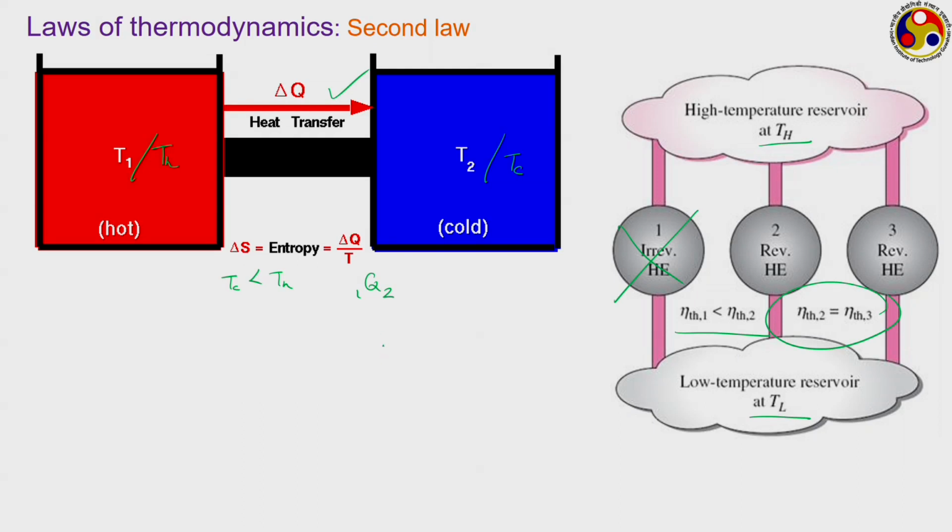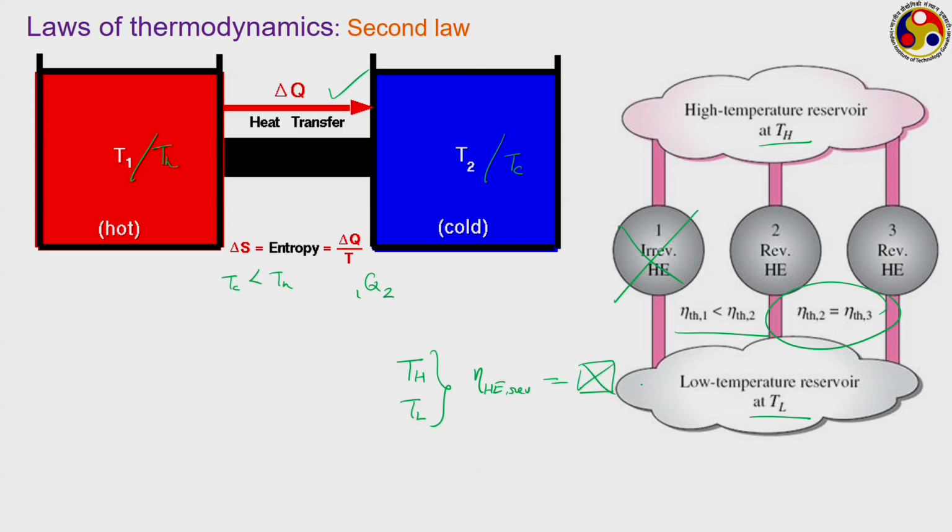Now, what does that suggest? Here we are saying that once we are given these two temperatures Th and Tl, the temperatures of the two reservoirs, then whatever may be the nature of your heat engine, the corresponding efficiency of any reversible heat engine will always be some constant value.